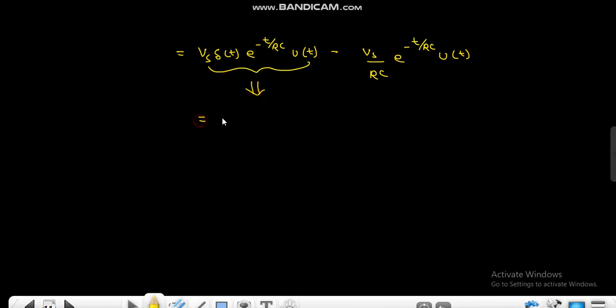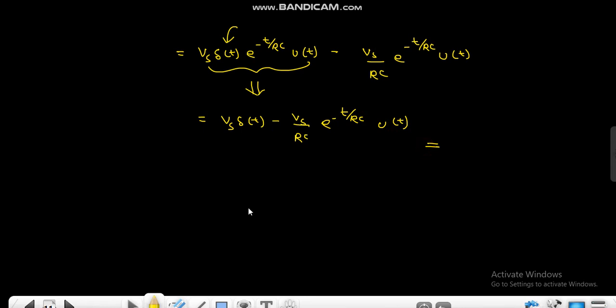The delta term will be there at t equals 0 only. So put t equals 0 in the first term and the exponential will be 1, so it reduces to Vs delta t by the simple properties of the impulse signal, minus Vs by Rc e to the power minus t upon Rc into ut.